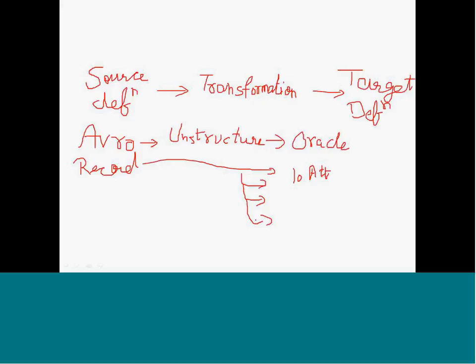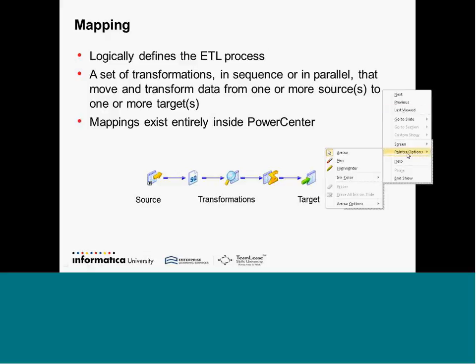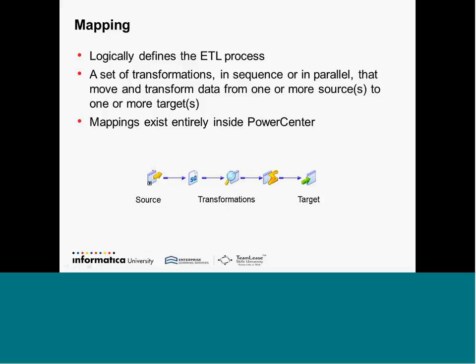And in Informatica, technically we call this a mapping. A mapping is a logical ETL process, which is nothing but a set of transformations that transforms your source data into a target requirement. And the mapping exists entirely inside PowerCenter. We quickly go here and look at how the source looks, and what is required in the target.